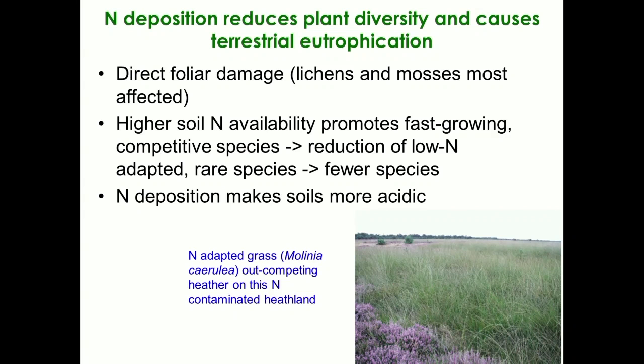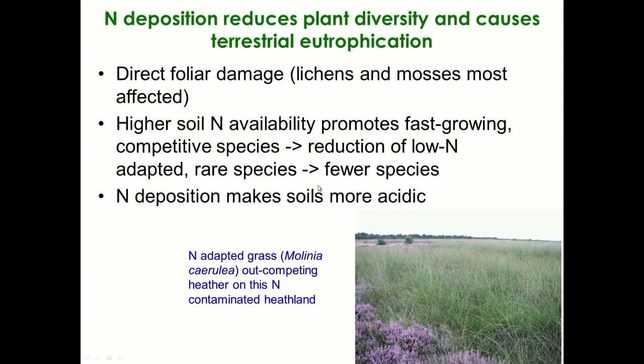When particular classes of these organisms disappear, it's a good indication that there's substantial nitrogen pollution in an environment. The higher nitrogen deposition also promotes the faster growing of species that are able to tolerate this higher input of nitrogen, in contrast to species that are more adapted to low nitrogen environments and are not able to tolerate higher nitrogen burden. So what you end up with actually is fewer species, just a few species that are able to tolerate this higher nutrient load.